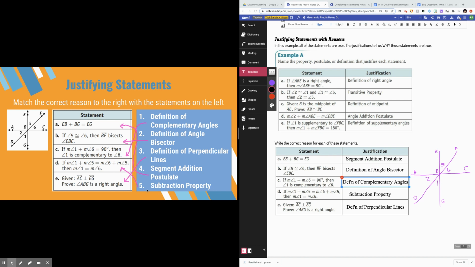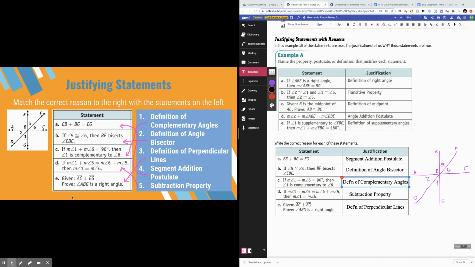So you can still use the subtraction property, the distributive properties, substitution, symmetric, multiplication, all of those algebraic properties apply to geometry terms also, like our geometry equations also. So keep that in mind that you can still use all of those things. So we did the subtraction property here for part D.